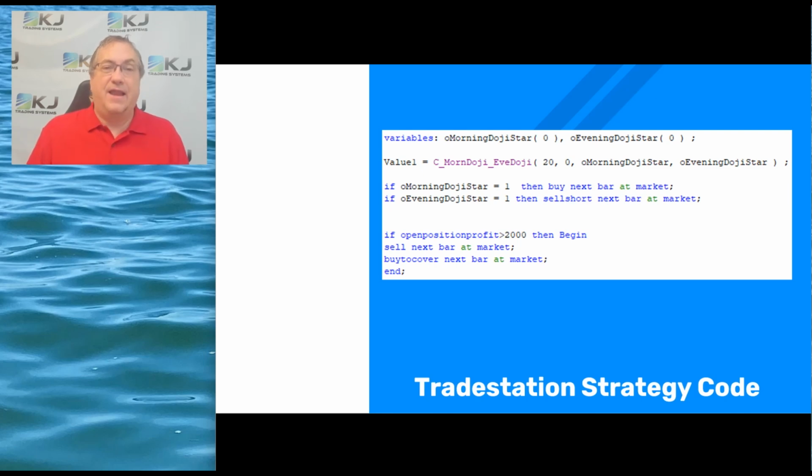And with that, I just added on a profit target. It's not a limit order, it's just a market order. So it looks at the close of every single bar. And if your open position profit is above, in this case, $2,000, which is a significant amount for silver, you exit. And that's it. So it's a pretty simple code, pretty simple strategy.